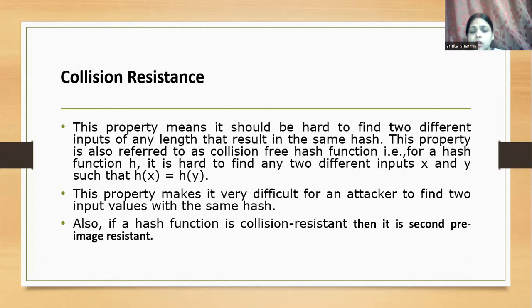So it is very difficult for an attacker to find two input values with the same hash. Also, if a hash function is collision resistant, then it definitely possesses the property of second pre-image resistance.